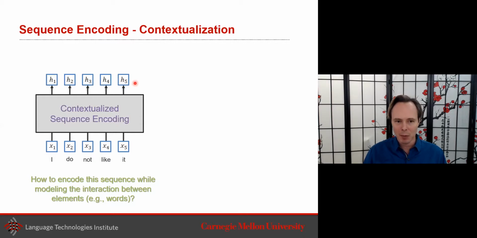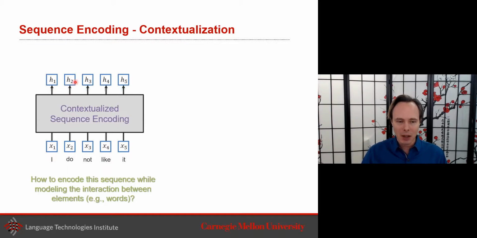In this case, I'm going to talk about one type of sequence encoding where my goal is to encode each word by themselves, but with each word being contextualized with the other words. So it's not just word2vec where the word is encoded alone. The word should be encoded in such a way that it takes into consideration the other words, so that if I have a word like plant, I can hopefully disambiguate by looking at its context.